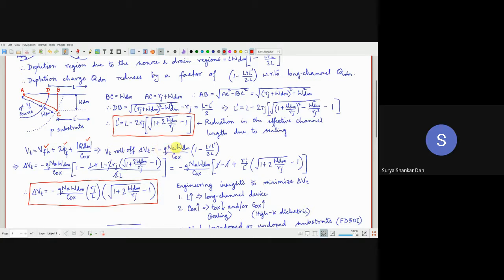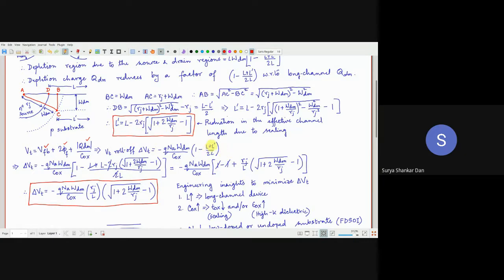What is the value of QDM? QNA WDM by COX. And the reduction in QDM because of scaling is given by this factor. I will just multiply that factor over here. Now, the L dash value is already known to us. We have already developed a physical model for that.